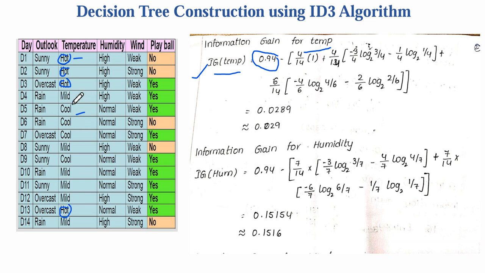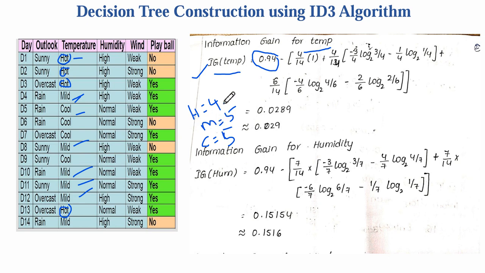Mild records are 1, 2, 3, 4, 5. We have hot equal to 4 records, and mild equal to how many records? 5 records. And the next one is cool. Total is 14; 4 plus 5 is 9, and the remaining 5 records are cool records.